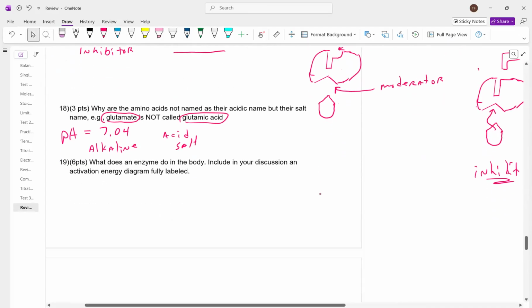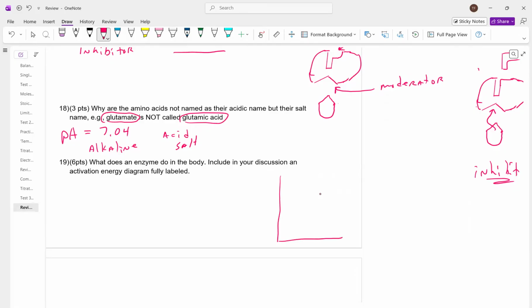Okay. So it says, what does an enzyme do in your body, including a discussion of the activation energy diagram? Okay, that was the one that we had like this. We had potential energy here, and then we had substrate.